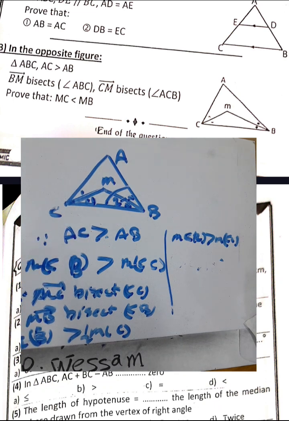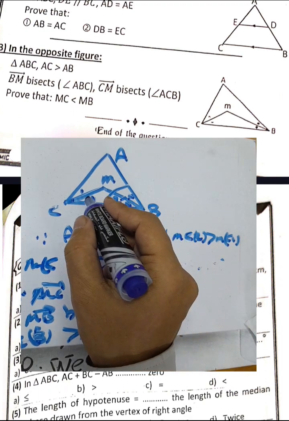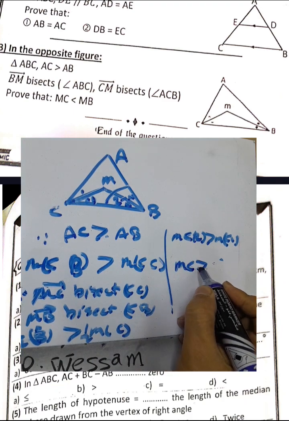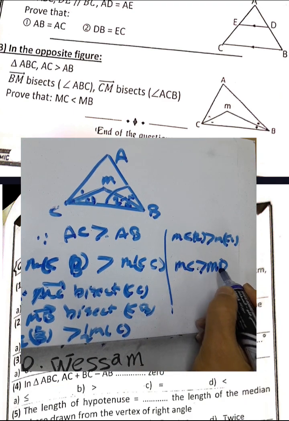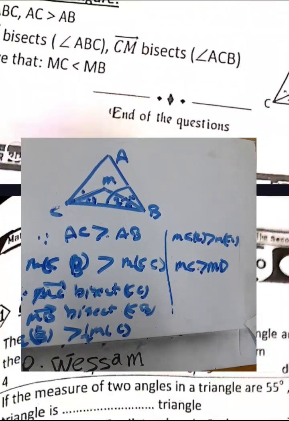You want to prove that MC is less than MB. You must try it, change the sign here. Change the sign: 2 greater than 1, then MC greater than MB. Change this sign, it will be greater than.